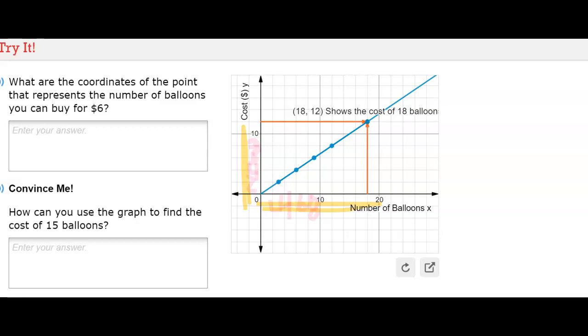So on the graph, we'll find the 9. The 9 would be between 8 and 10, so that would be this point. And then it goes over to the $6, which is the cost. So we have the 9 and the 6.